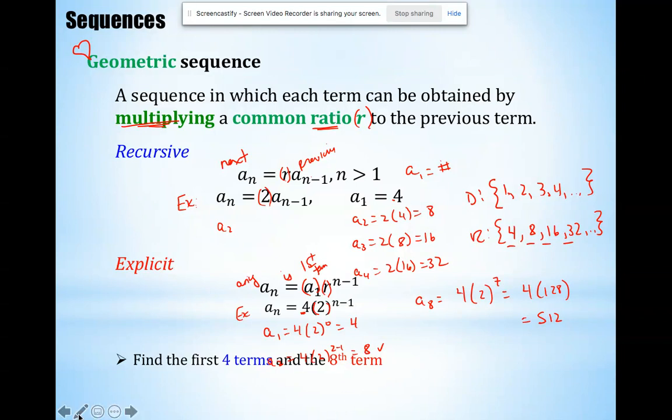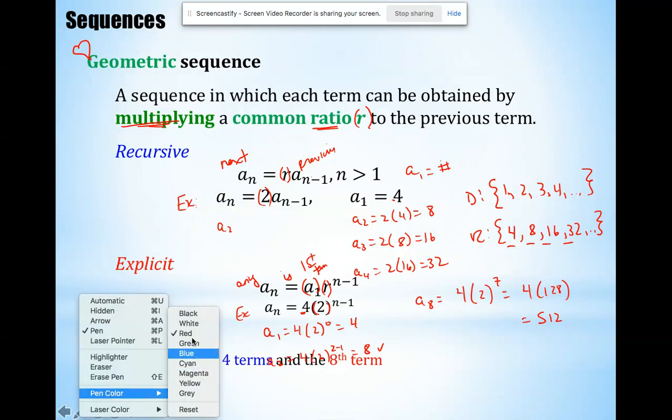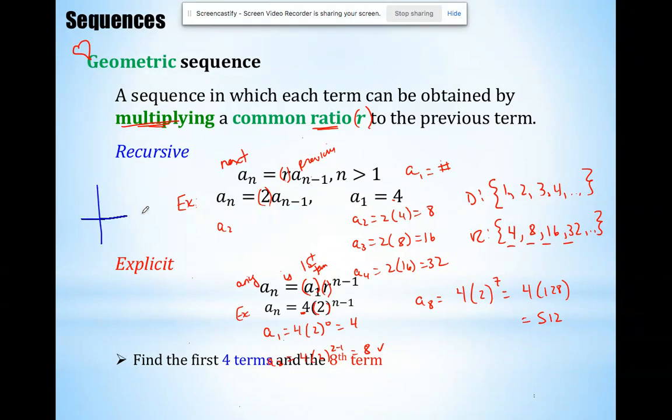Now, let's think about this graphically. n, a sub n. When n was 1, I was at 4. When n is equal to 2, I was at 8. When n was equal to 3, I was at 16. Hey, what pattern is this? Exponential, baby.